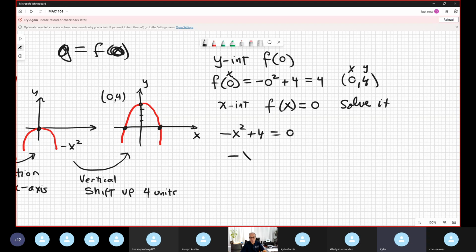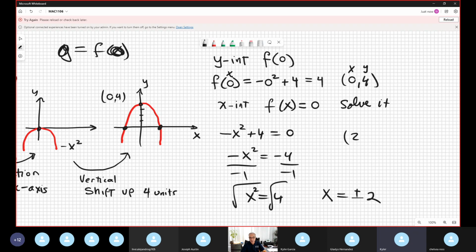Then minus x squared is equal to minus 4, divided by -1 both sides. x squared is equal to 4, square root both sides. x is equal plus or minus 2. Conclusion: my x-intercepts are the points 2, 0 and minus 2, 0.